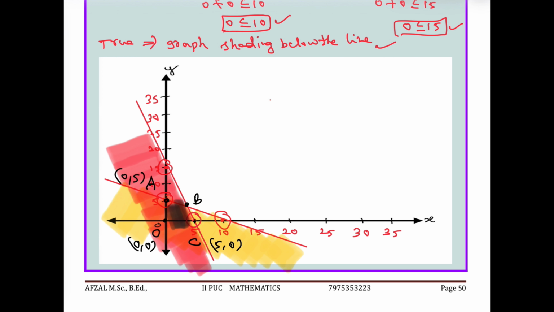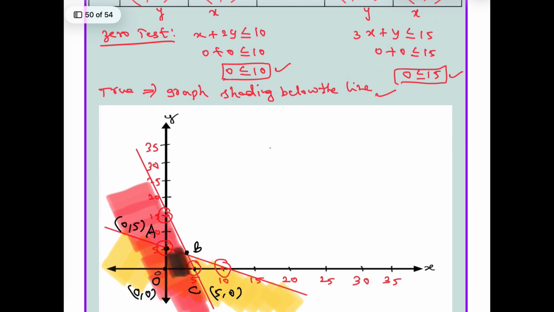B point finding. Solve both the equations, that is x plus 2y equals 10 and 3x plus y equals 15. The first equation multiplied by 3, we get 3x plus 6y equals 30.